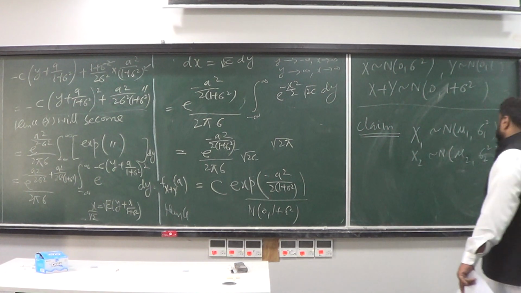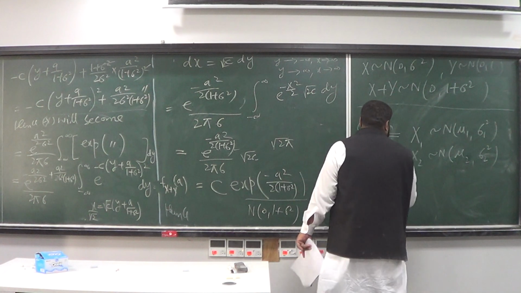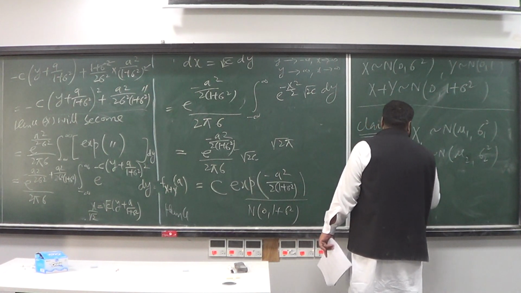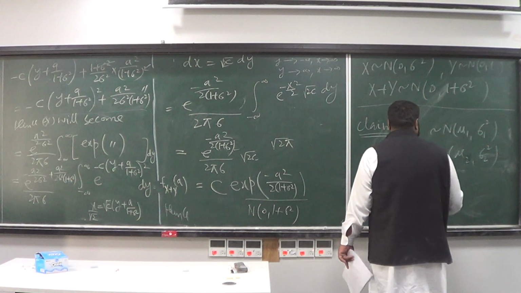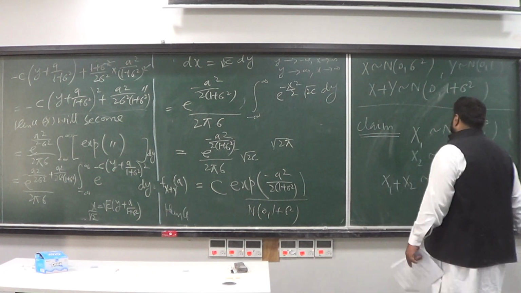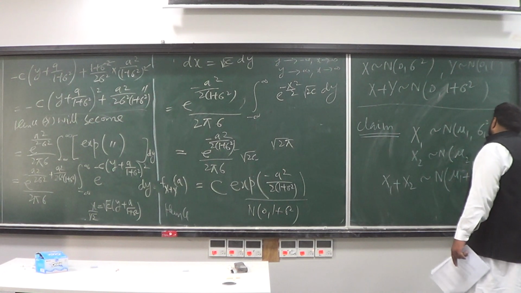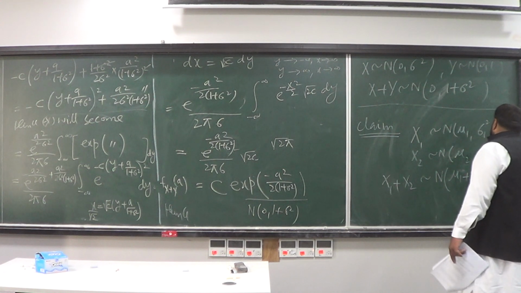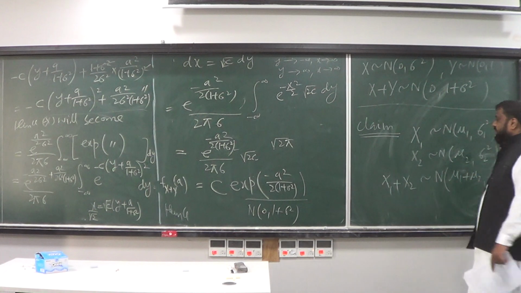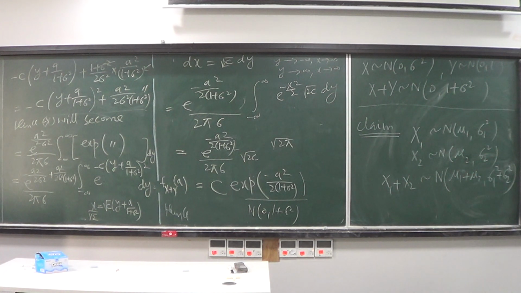The claim is x1 plus x2 would be normally distributed with mean mu1 plus mu2 and variance sigma 1 square plus sigma 2 square. This is the claim that we would like to show using this fact.